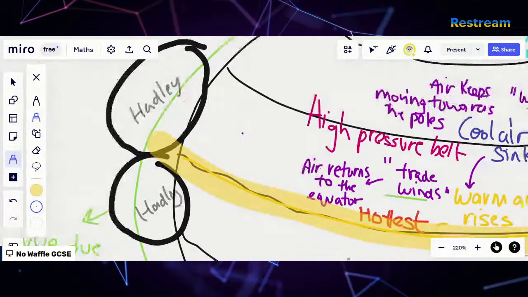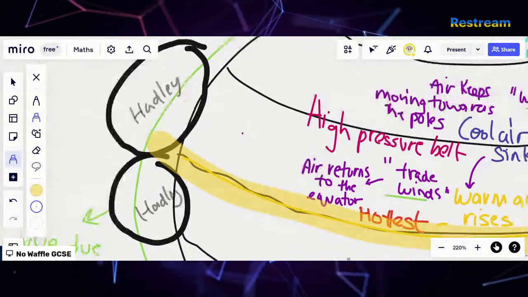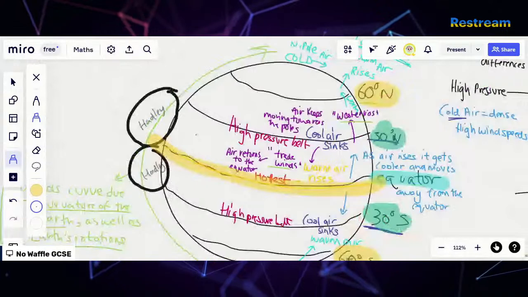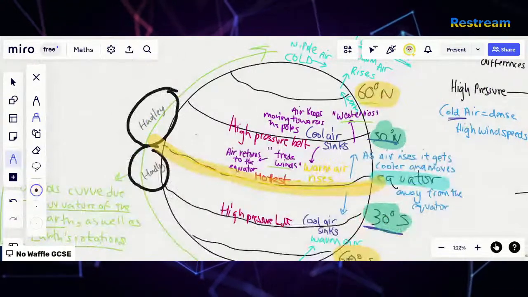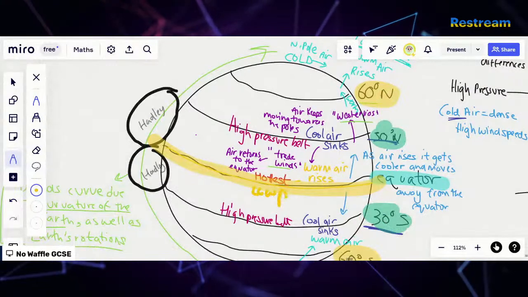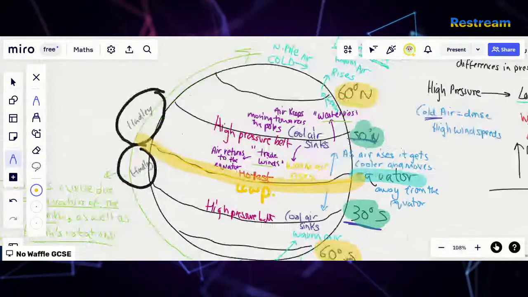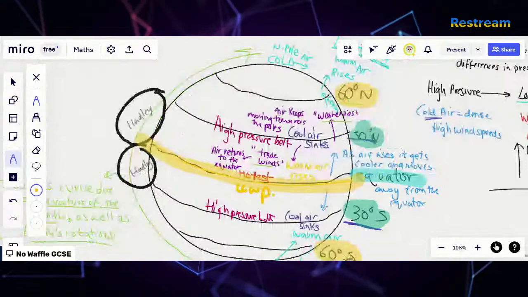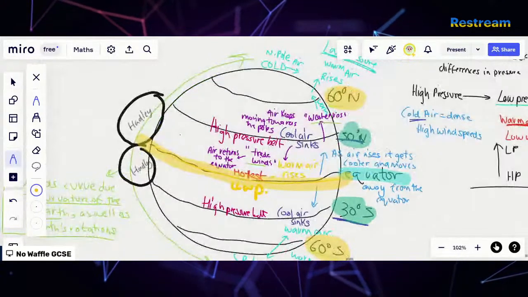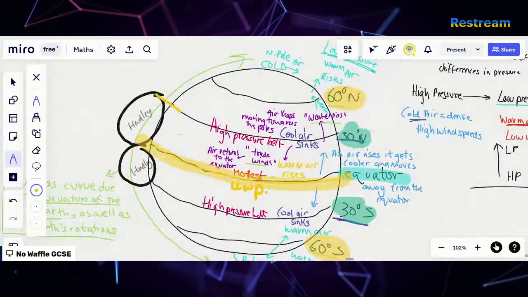We know that at the equator there is low pressure because it's very hot and the warm air is rising, so there's low pressure here. So we have two cells above and below the equator, which are called Hadley cells, and this continues up until 30 degrees north and 30 degrees south of the equator.